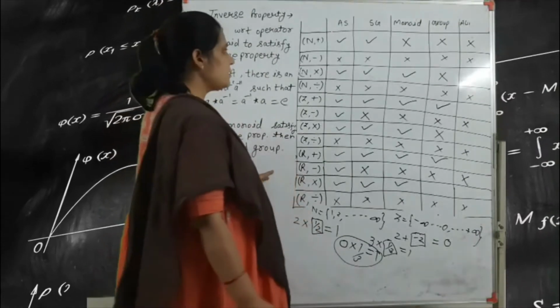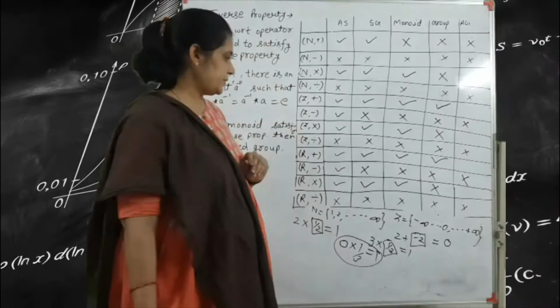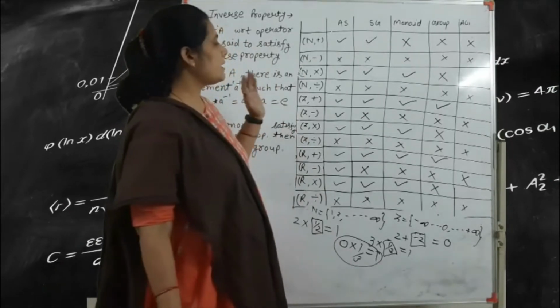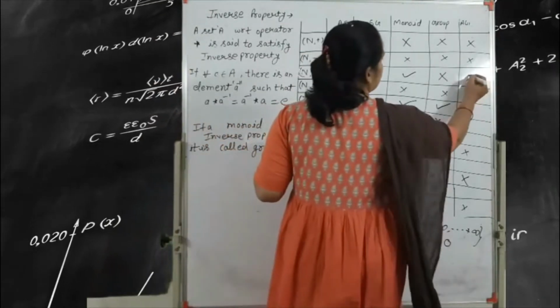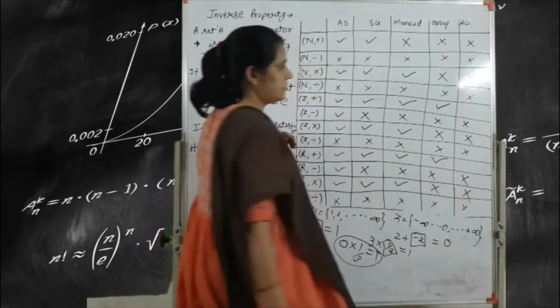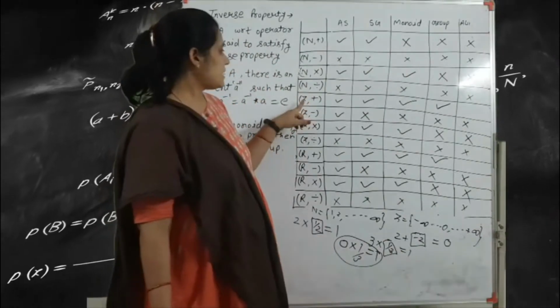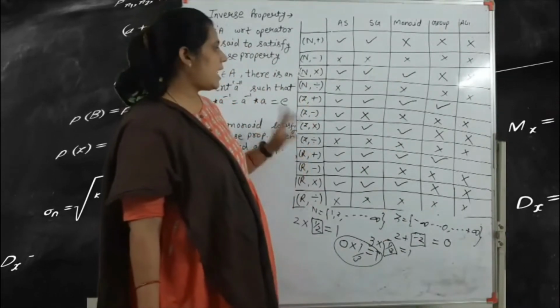That means R multiply does not satisfy the inverse property. So these are crosses, and we have only two groups: Z plus and R plus.